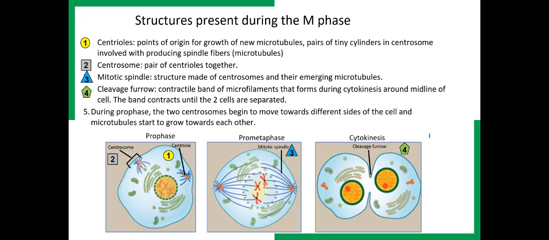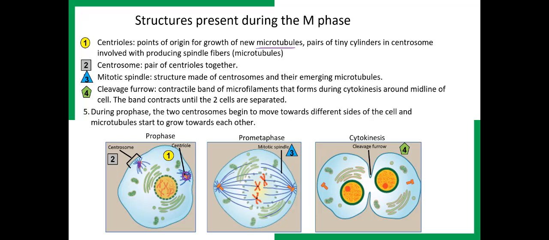When we talk about the M phase, there are structures that are present during the M phase. These include centrioles. You can see here the centrioles are the points of origin of formation of new microtubules. You've got the centrosomes, which are a pair of centrioles that are combined together. You've got the mitotic spindle.